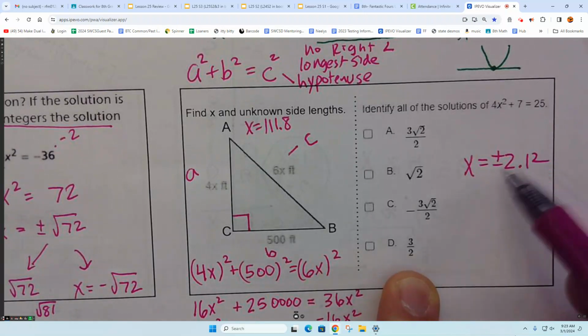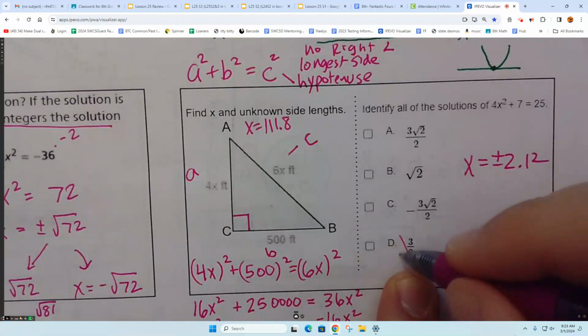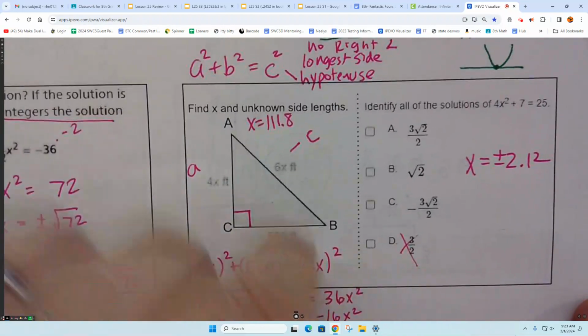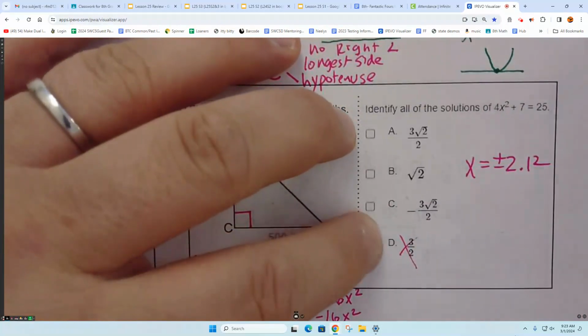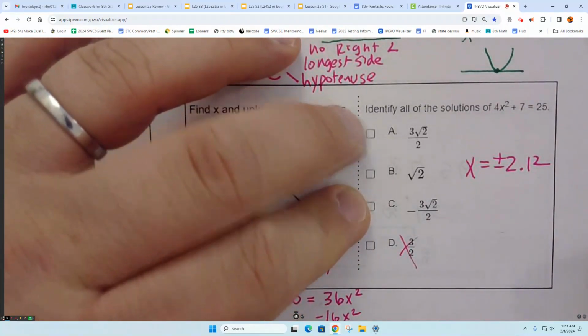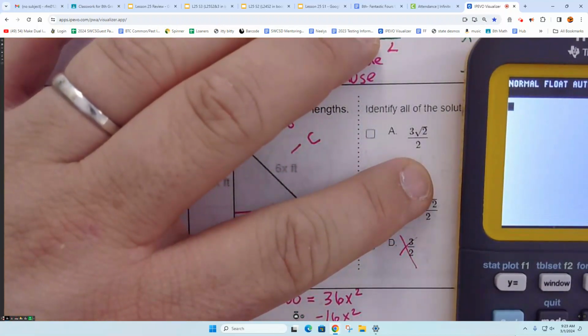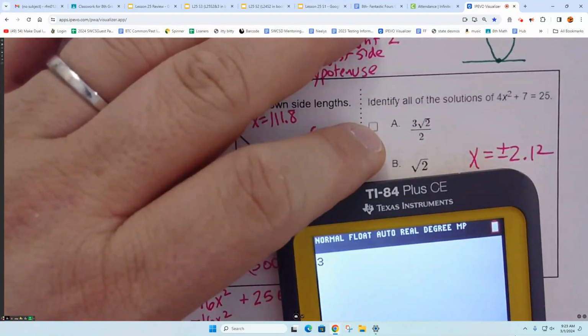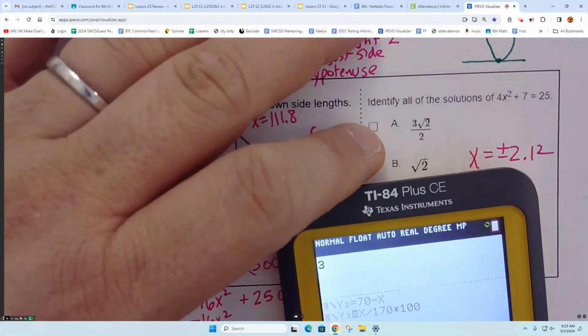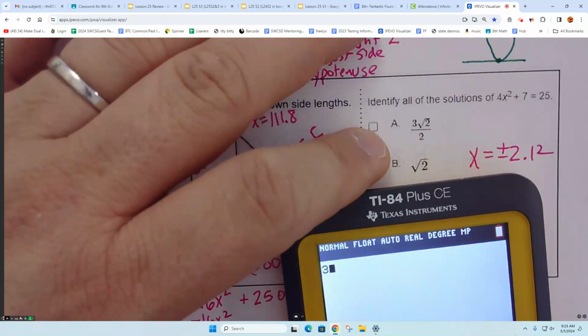Absolutely not. We know that 3 over 2 would be 1.5. It's not that one. Okay. It says identify all the solutions. So then what I want to do in my calculator is just go ahead and put in 3 square root of 2 divided by 2.